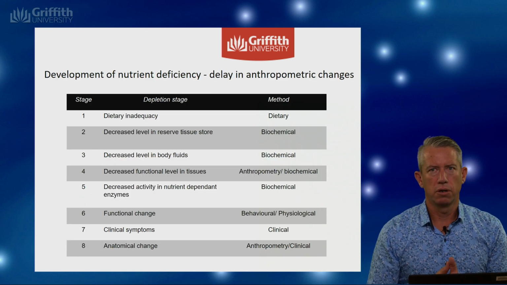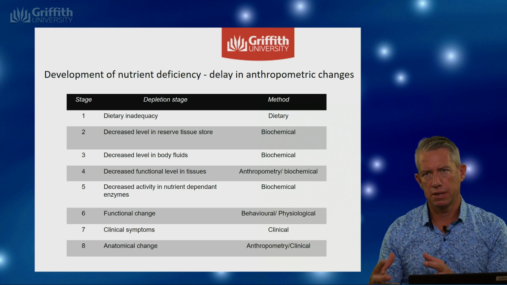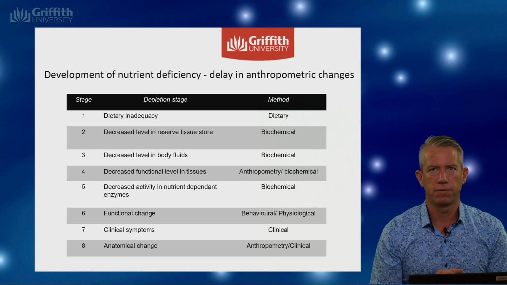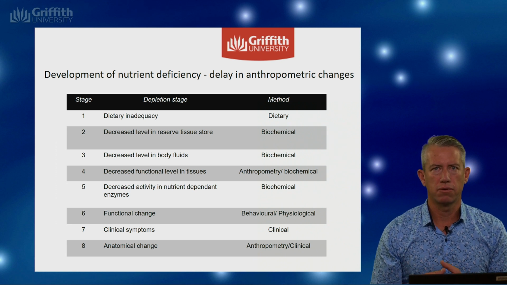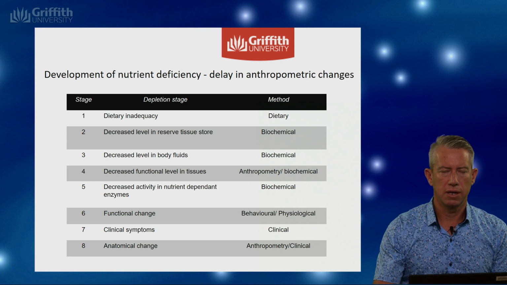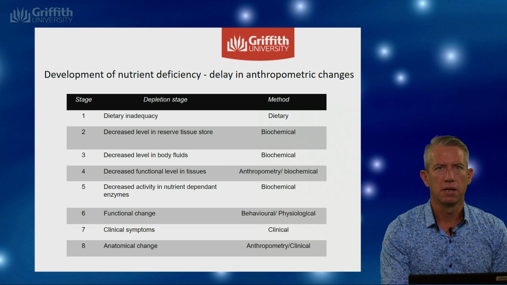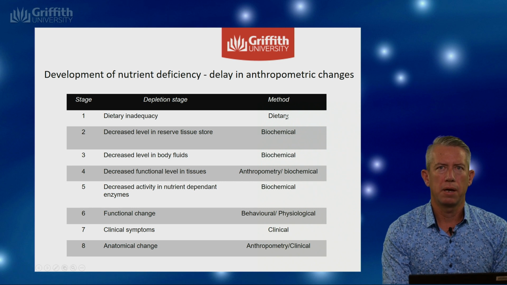So I talked a little bit before about the retrospective nature of anthropometry, and that you're collecting something based on something that's happened in the past. This is a really nice cascade, if you like, of the sorts of steps that need to be undertaken before we see anthropometric changes. So you can see here that if we have stage one being a dietary inadequacy, so we've got a situation where a person's either not eating enough or they're not eating sufficiently based on their physiological need, we might be able to detect that through assessing their dietary intake.